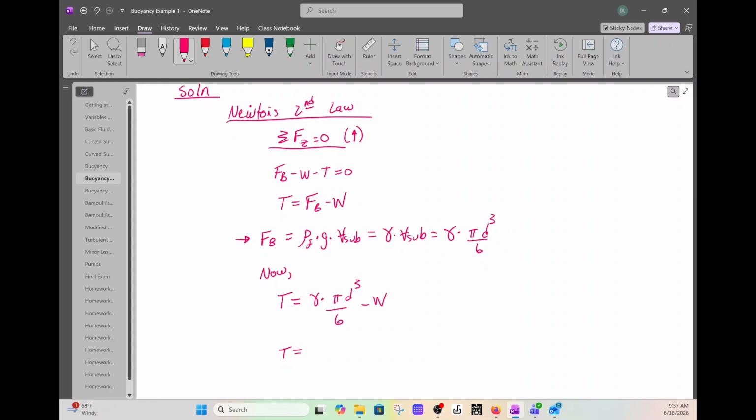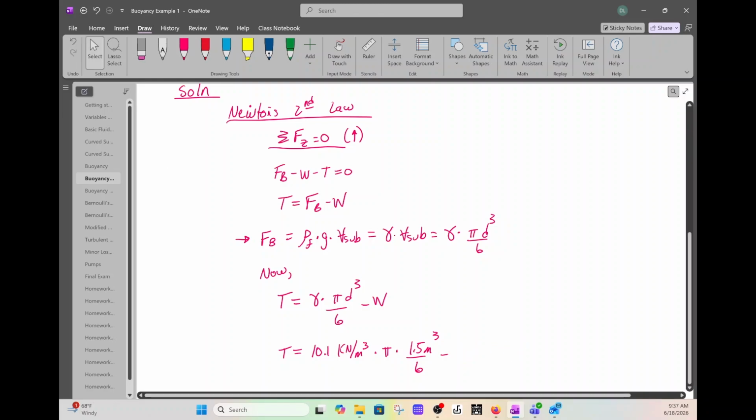And the tension now becomes, what was gamma? 10.1 kilonewtons over meter cubed times pi times 1.5 meters cubed over 6 minus, oh no, that's the W. Sorry, that was gamma.